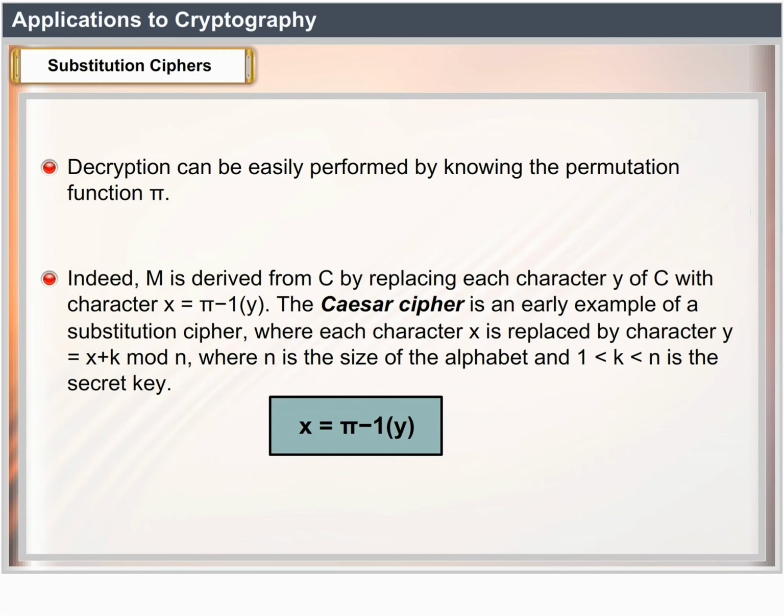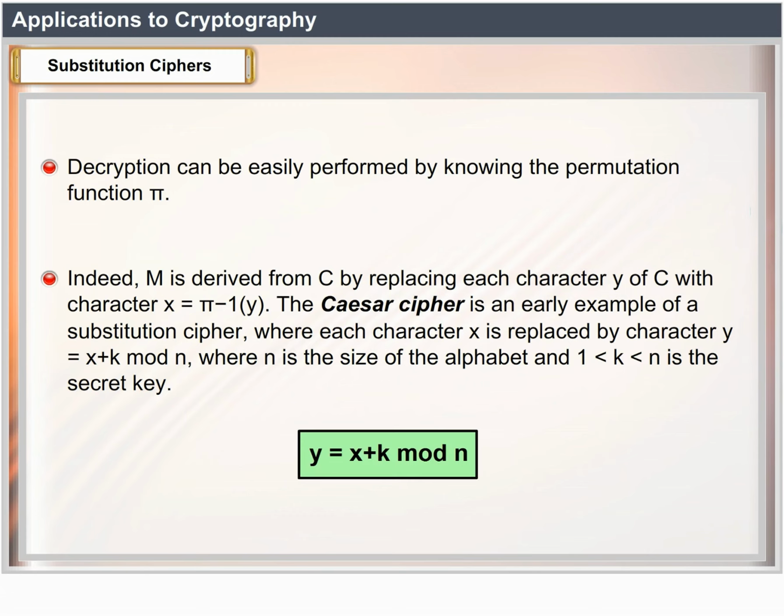The Caesar cipher is an early example of a substitution cipher, where each character x is replaced by character y equals x plus k mod n, where n is the size of the alphabet and k, which lies between 1 and n, is the secret key.